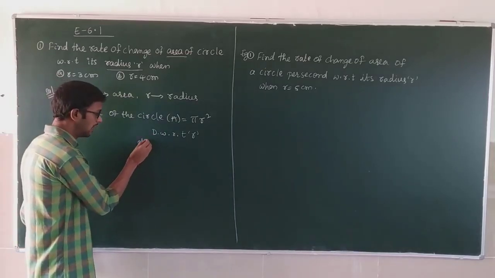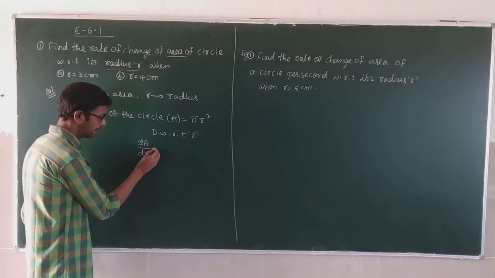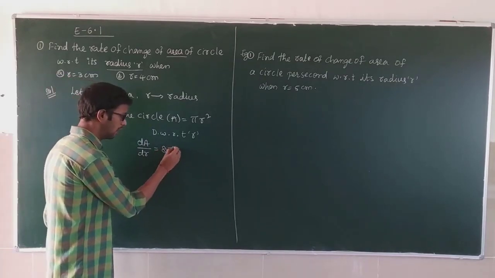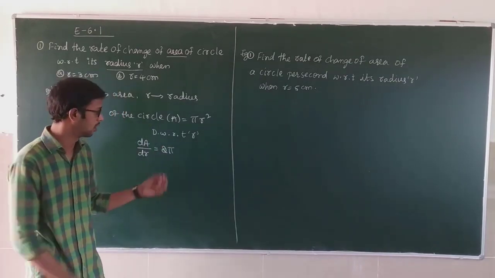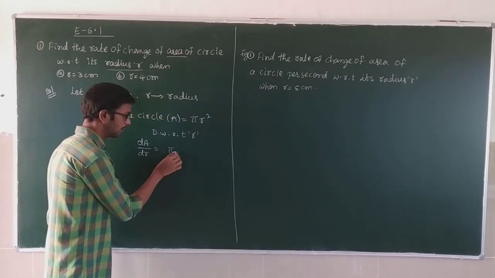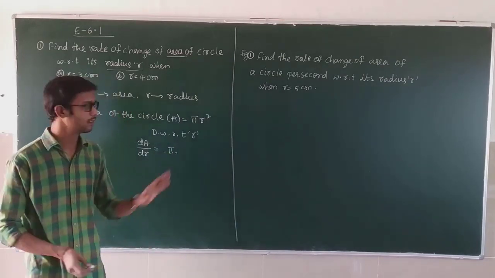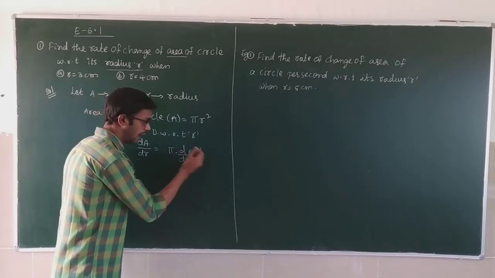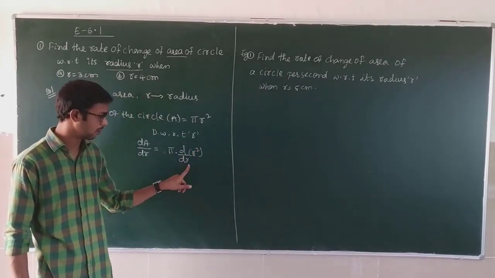So dA by dr is pi into the derivative of r square with respect to r.